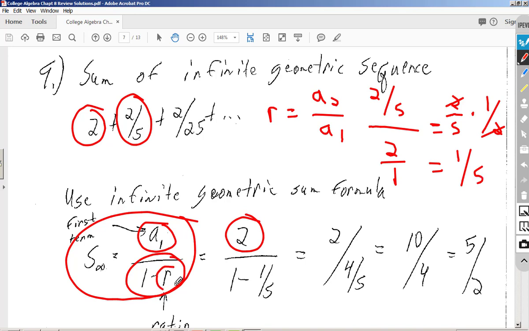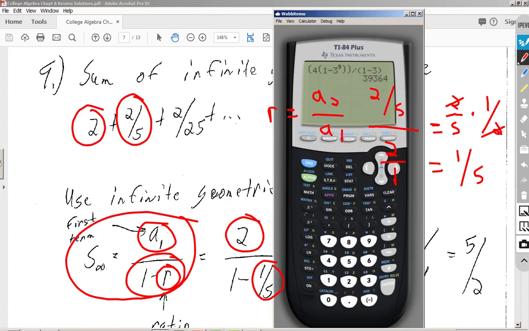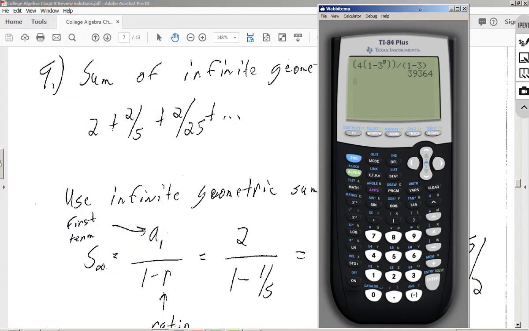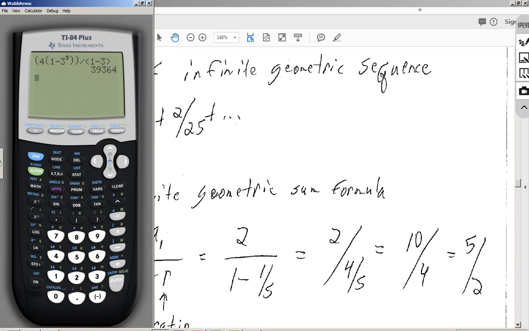So substituting in my ratio of 1/5, go ahead and put this into your calculator. Let's clear that out.